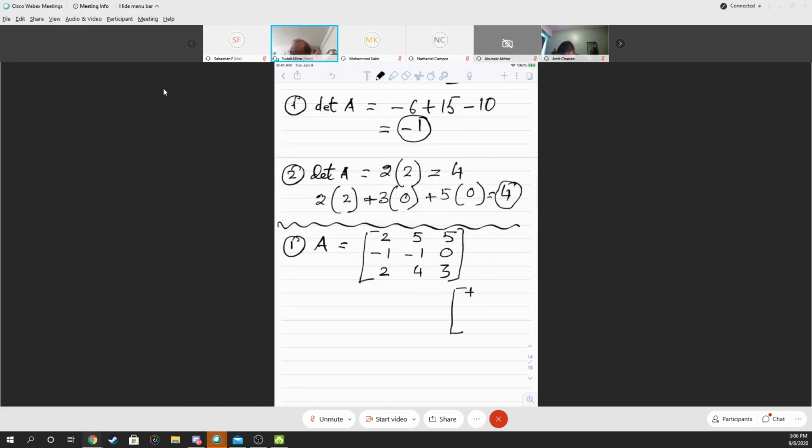So plus, minus, plus, minus, plus, minus, plus, minus, plus. So matrix of cofactors. As I do, please check also your result, please.